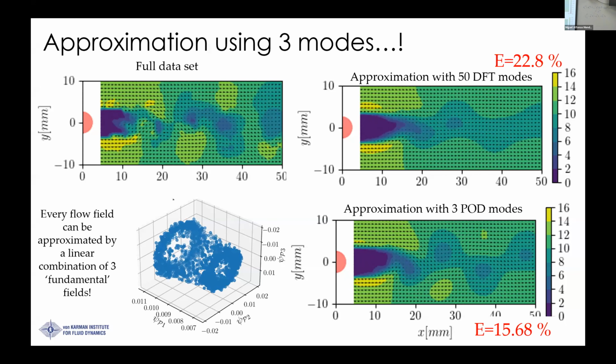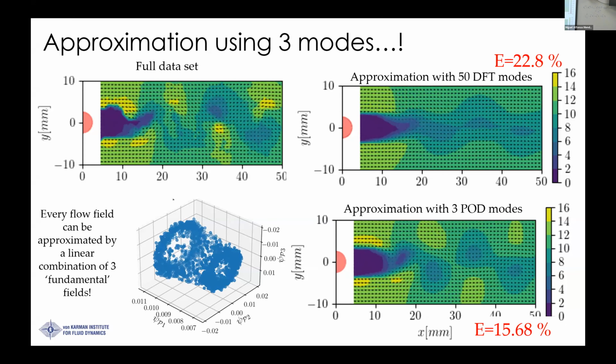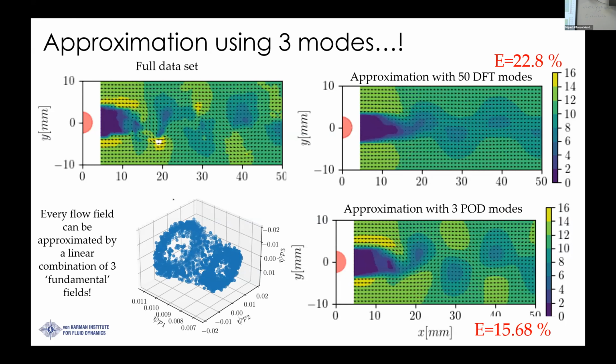What you will see is that they are around an orbit when the flow is at a first steady state, and then as you change the free stream velocity, they will evolve around the manifold, which is like a paraboloid, and they will land into another circle. 4,000 dimensions, 3 dimensions. Okay.